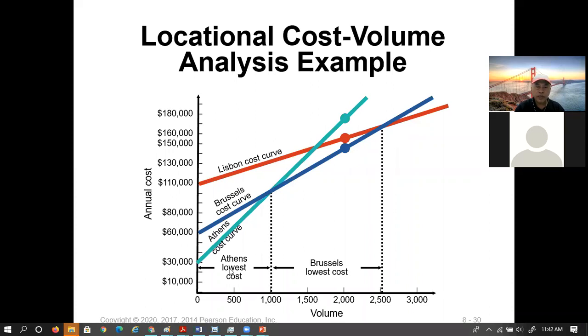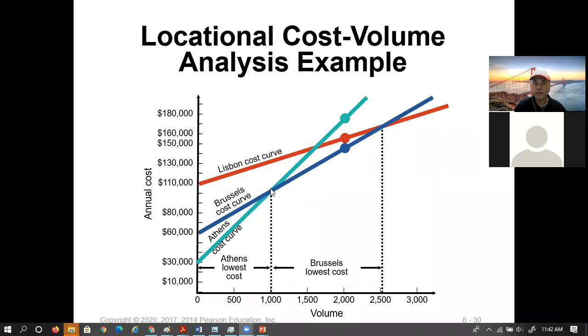So for the production of 2,000 units, which location are we going to select? Of course, we analyze between the Athens profile and the Brussels profile.